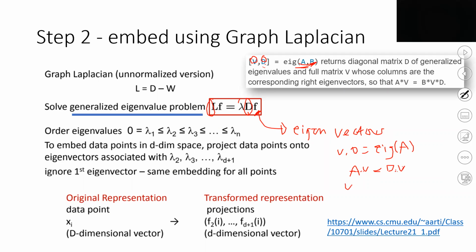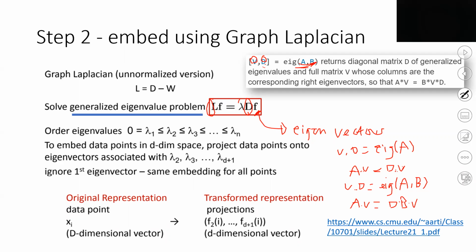In that case, we have V and D again, but with both A and B, two matrices. We want to have A times V equals B times V times D. So this is the general form, just putting one B matrix in the middle.